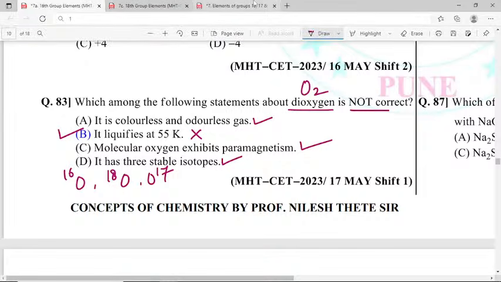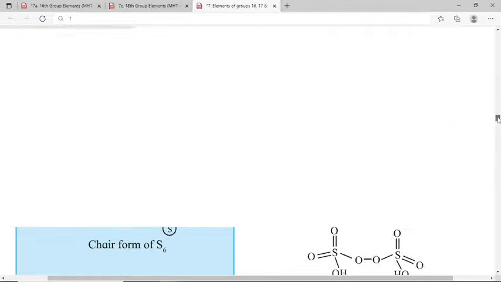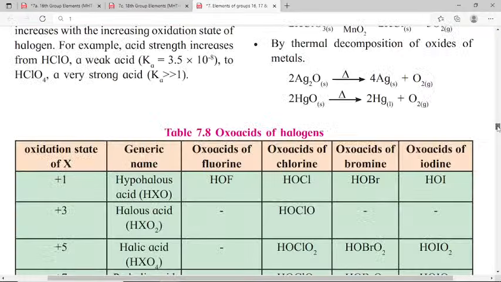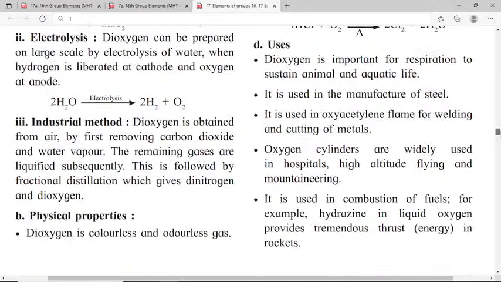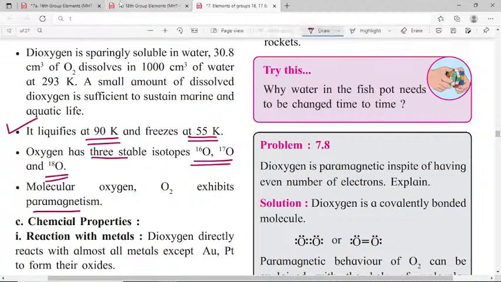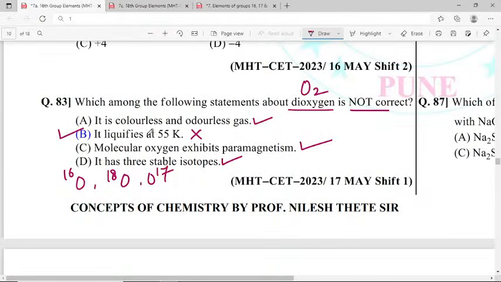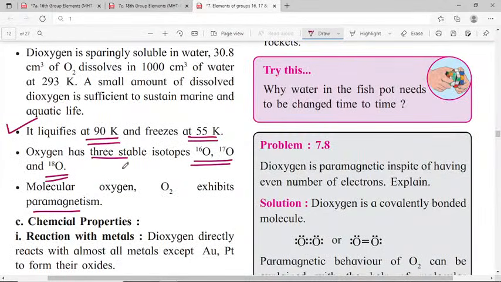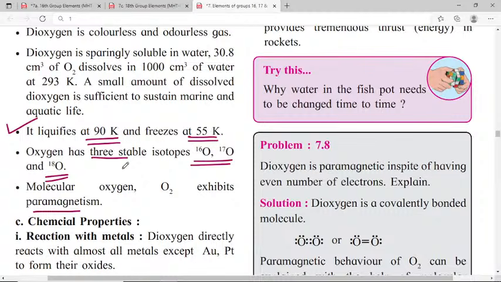Correct. It liquefies at 90 Kelvin and freezes at 55 Kelvin. Please mention it. Clear?